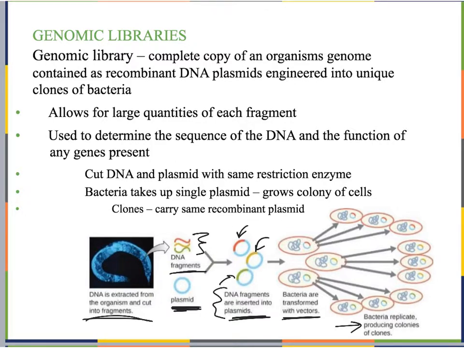They're going to replicate and produce colonies, and then we have lots and lots of bacteria that have this chunk, lots of bacteria that have this chunk, and lots of bacteria that have this chunk. And what this does is it allows for large quantities of each fragment. So in this case, in a laboratory, if we were making a genomic library for this organism, right?